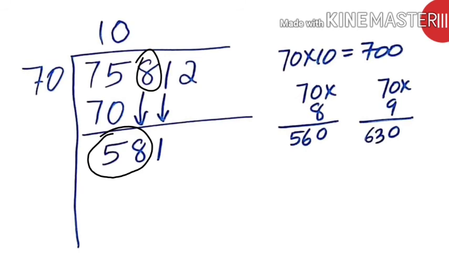We know 58 is less than 70. So we can't divide. So add a 0 on top, because there is no 70 in 58. So we insert a 0 on the top. Now bring this 1 down.